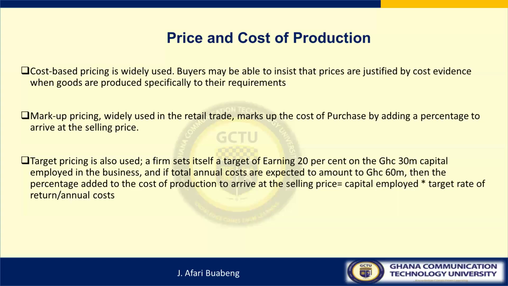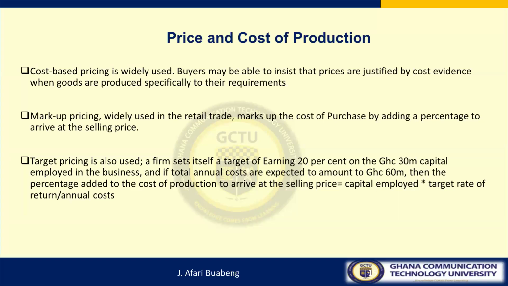So to be able to produce any goods, you need resources or factors of production. So once the inputs or the resources needed to produce any good are high, it will ultimately affect the final price of the product.